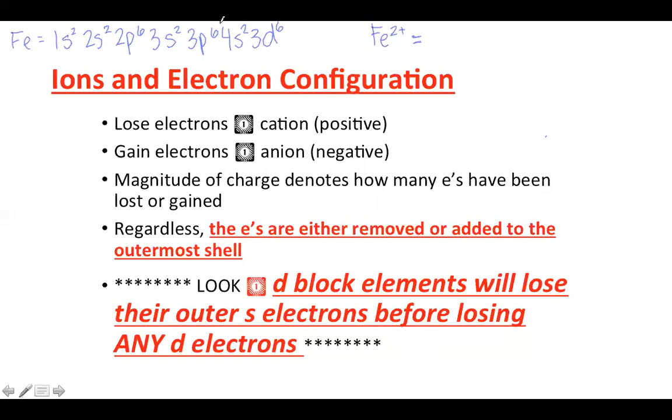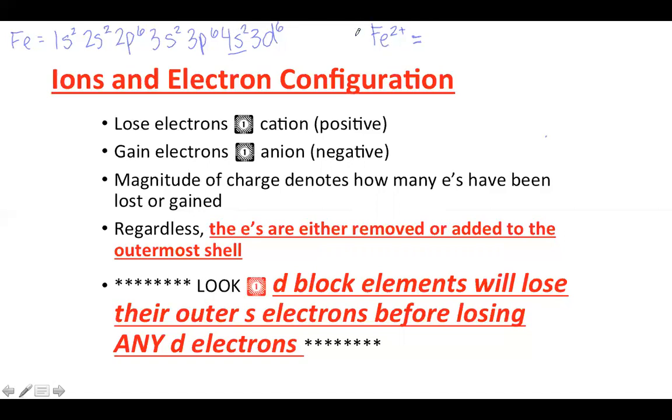This 4s2 here is in a higher principal energy level. We're going to remove this 4s. So even though you filled in the 3d after the 4s, you take away, for transition metals, the D block elements, you take away their outermost s before you move into the D, okay? And before you take away any of those D block electrons.